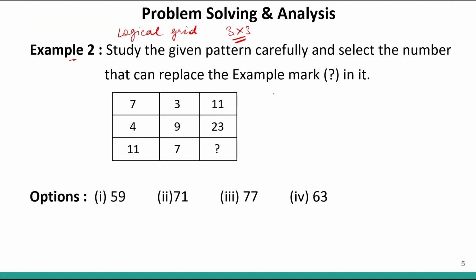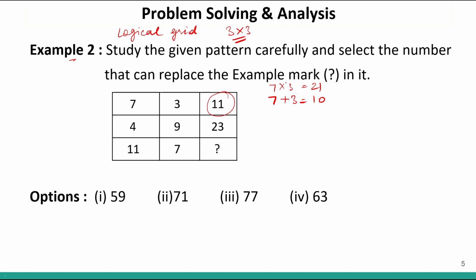Now let us try. If I do 7 plus 3, I'll get 10. And if I do 7 into 3, I'll get 21. So this number is nowhere near 10 and this number is nowhere near 21 and this number is slightly bigger than 10.